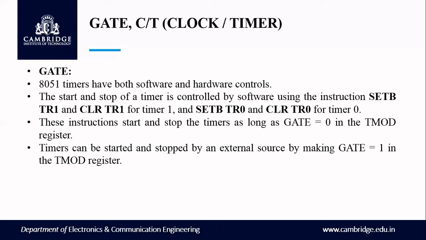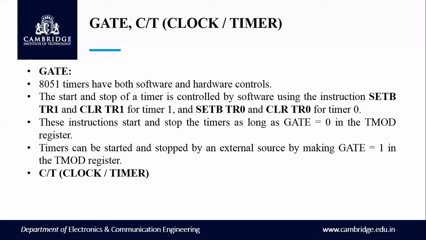If you are going to control the start and stop of the timer through hardware, then the gate bit should be made 1. Otherwise, gate should be 0, so that through software, by writing an instruction itself, we can start and stop. So this is about the gate. If gate is 0, you can control through software. If gate is 1, you can control the timers through hardware controls. That we need to understand.